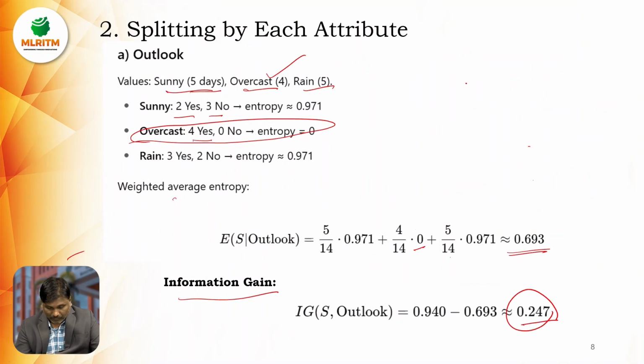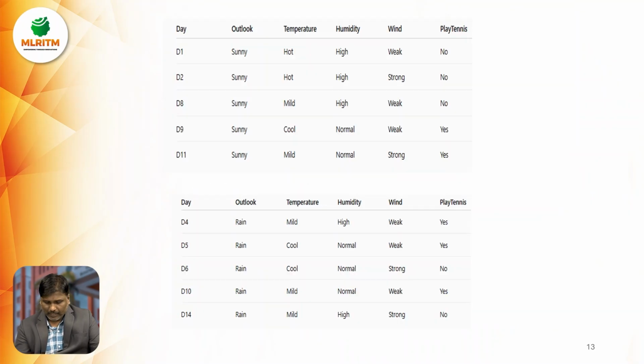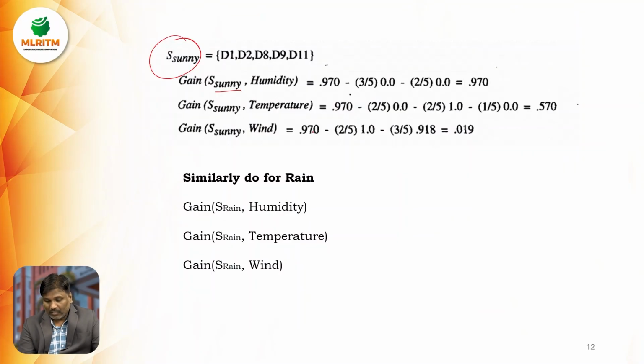So guys, I just considered outlook as sunny. In that condition, sunny temperature, sunny humidity, and sunny wind. Okay, so I can find out all the information gains for these attributes by following the same procedure.